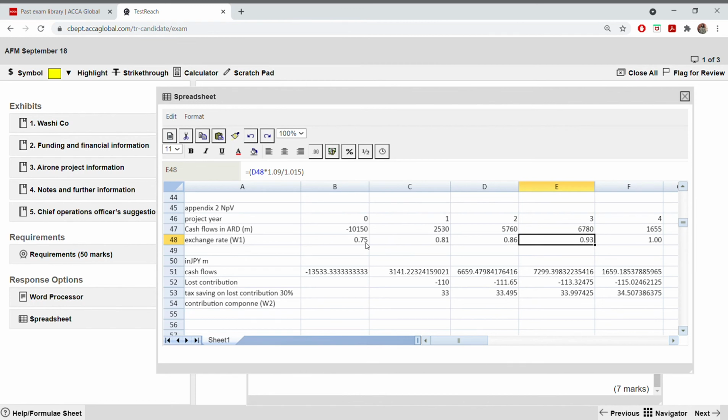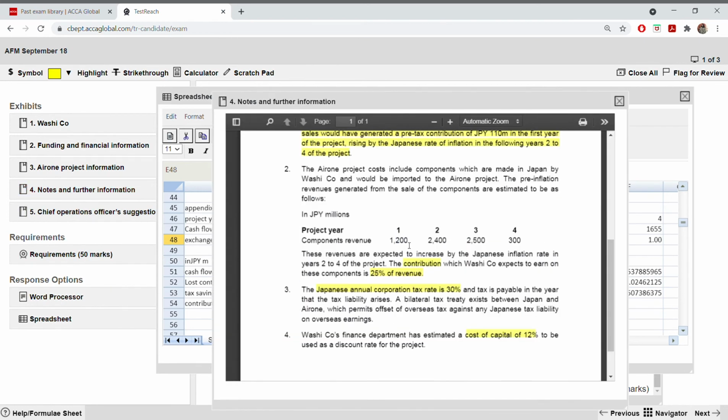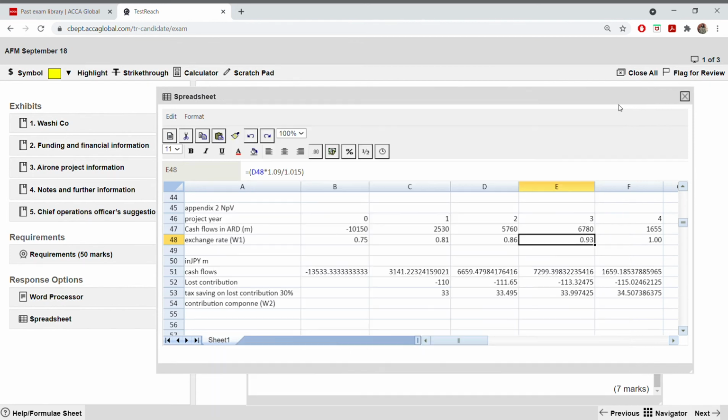What is working 2? I'm not doing the working 2 and all, but you have to do it. What I can show you is that you are taking 25% on all this. Just 25% on all this will give you the contribution. Post inflation you have to inflate also, don't forget to inflate.